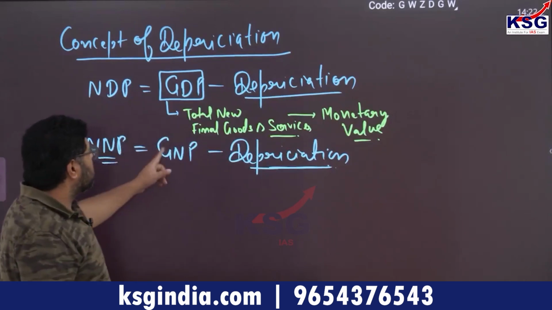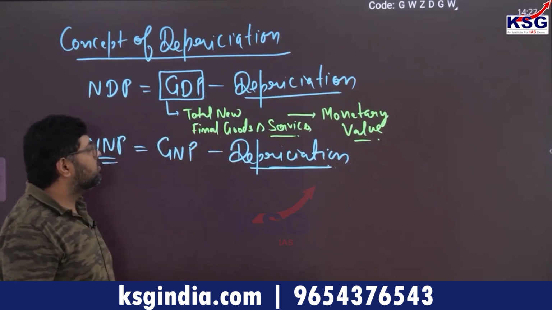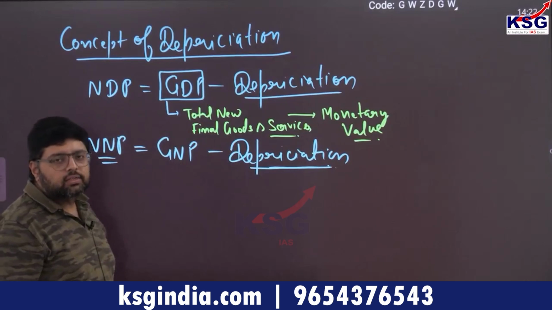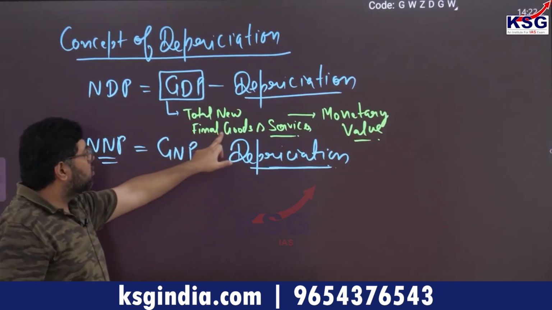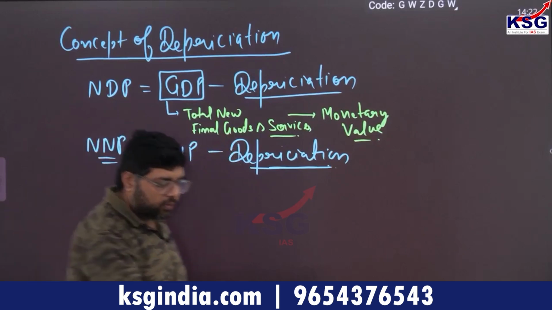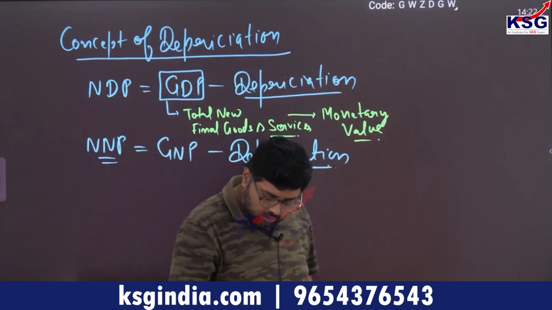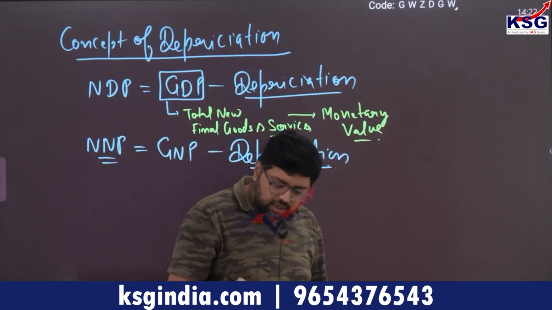Clear? So this is what you have to understand: total new final goods and services that we convert into what? That is monetary value. Now please listen to it carefully.